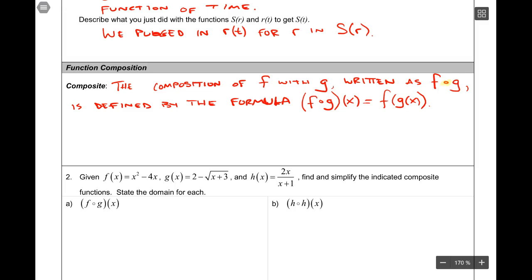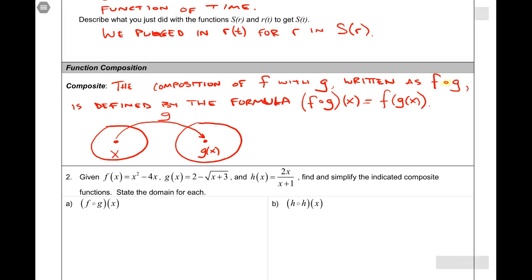And just a little diagram here to kind of represent that. If we start with x values, so we'll take some value of x in the domain of the function g, and then we do g, whatever the g function is to that point, to that x value, what we get here is g of x. And then if we take that value from g of x, that output, and we plug it into the function f, we get f of g of x.